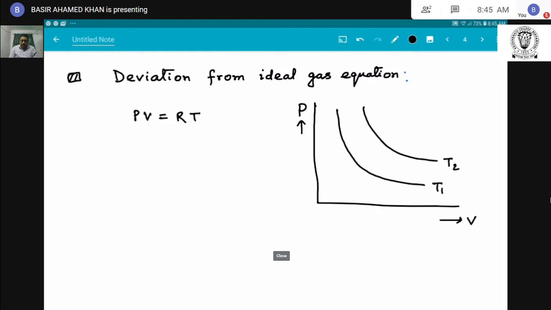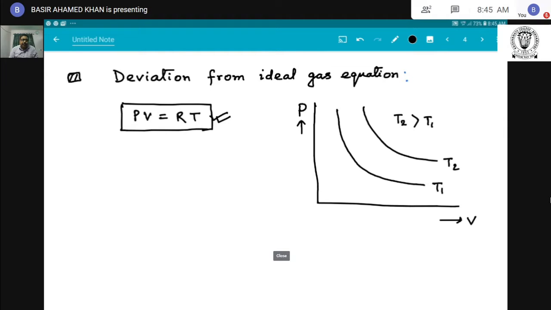This is the plot of this ideal gas equation, PV equal to RT. Here obviously T2 is greater than T1. These are the isothermal curves, and this is true for the ideal gas equation.